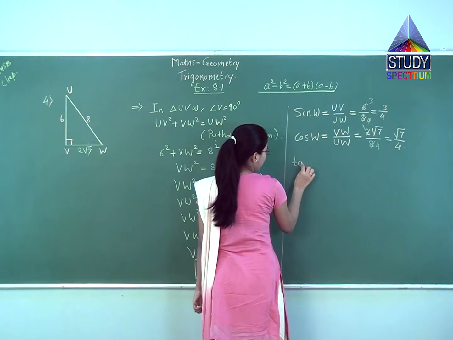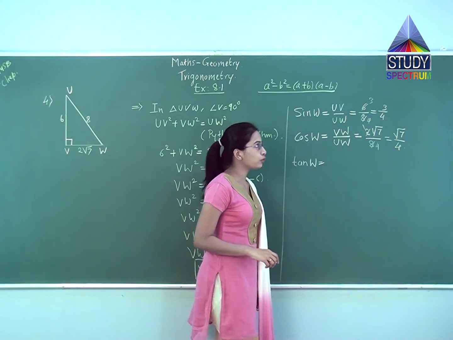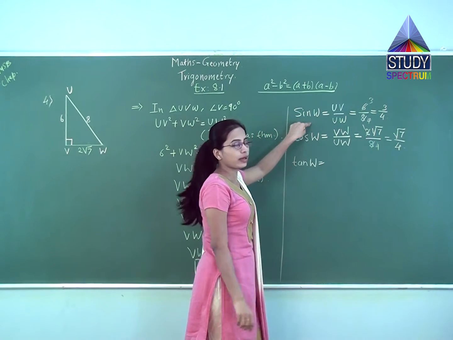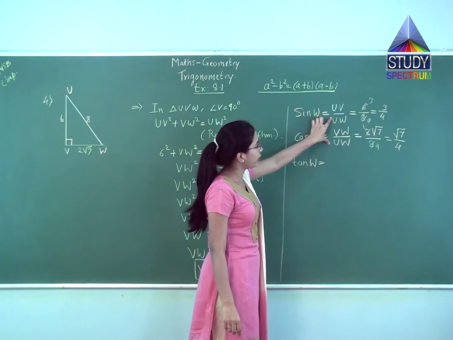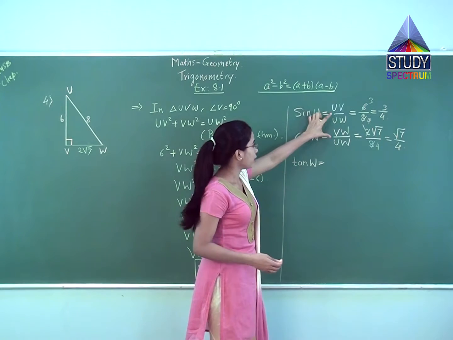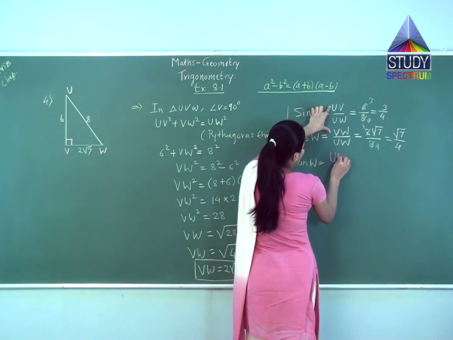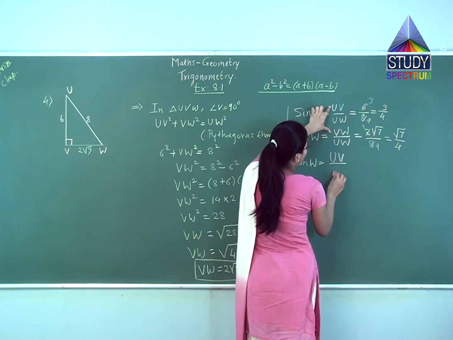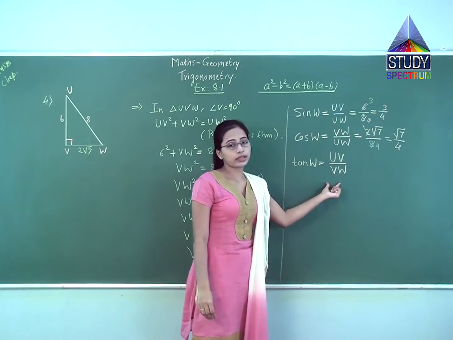Then tan W. For tan what I will do? Just take the ratio of sine and cos. So now you can say denominators are same, so that will get cancelled. So actually we can take the ratio of numerators, UV upon VW. If you don't understand, just write the formula.